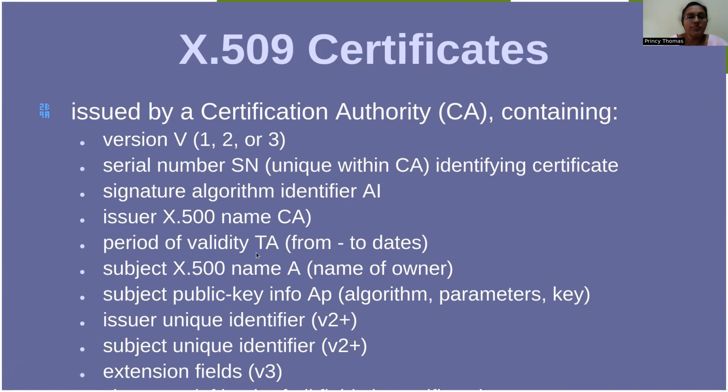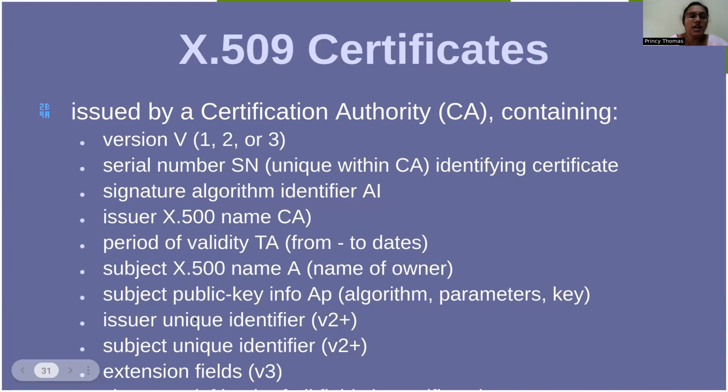The period of validity is the from and to dates. The subject is the X.500 name of the owner. Then the subject's public key info: algorithm, parameters, and key.